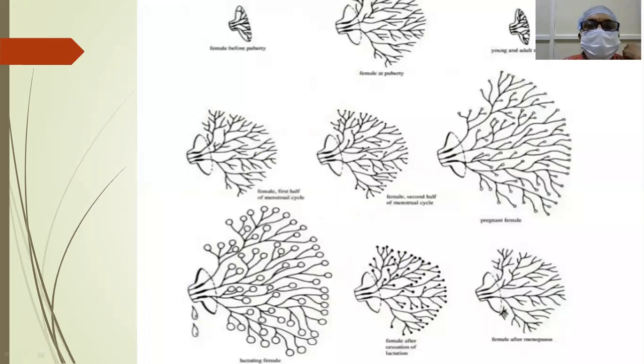So look at this branching. The female breast before puberty. This is at puberty. This is the breast development in a young adult female. This is the development during the first half of the menstrual cycle. In the second half of the menstrual cycle, you see, it is more branched.